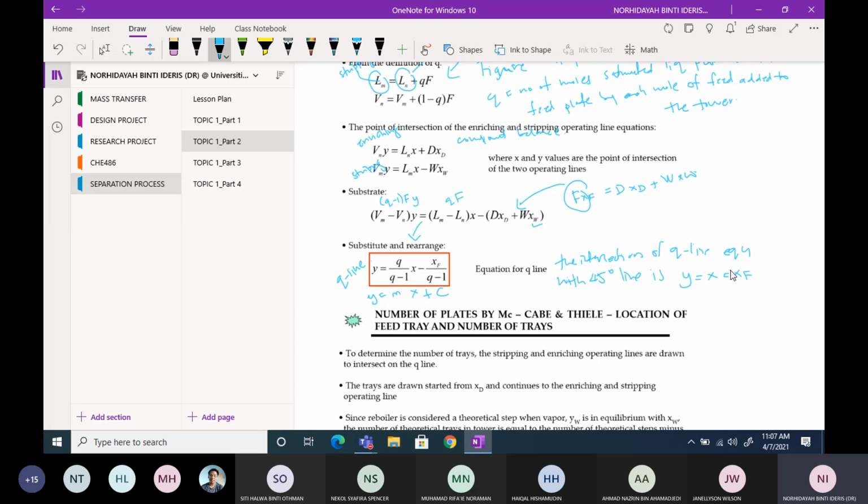Because in order for you to plot the q line later, you need this information: xF, which is eventually equal to x equals y, and you can get the slope, so that you can get the q line.